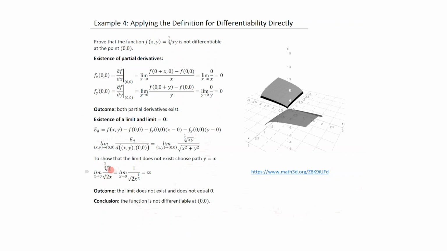We end up with this in the numerator, and this in the denominator. This can be simplified further as 1 divided by root 2, times x to the power 1/3. Now if x goes to 0, this goes to infinity, which means essentially it does not exist. The limit does not exist and does not equal 0. Therefore, the conclusion is the function is not differentiable at (0, 0).